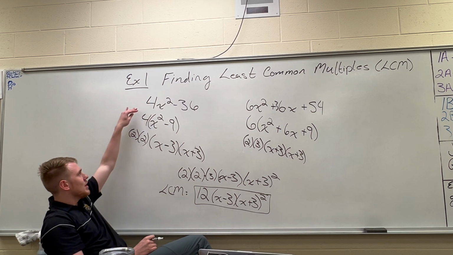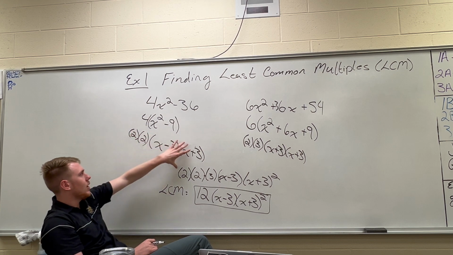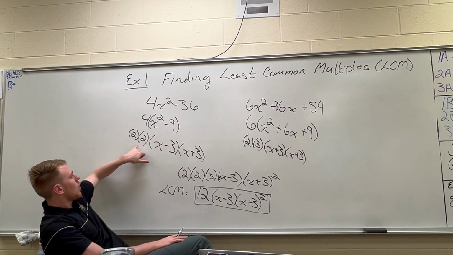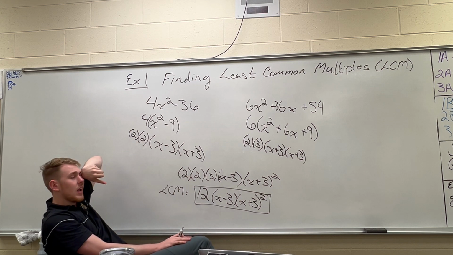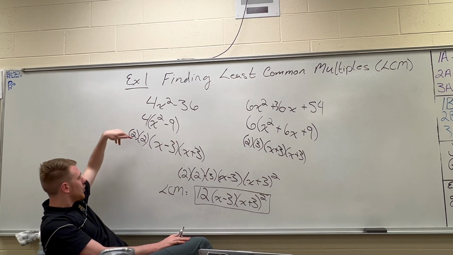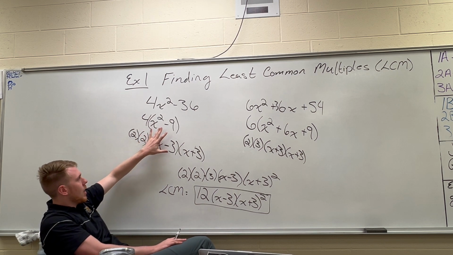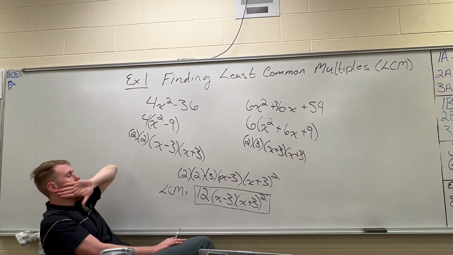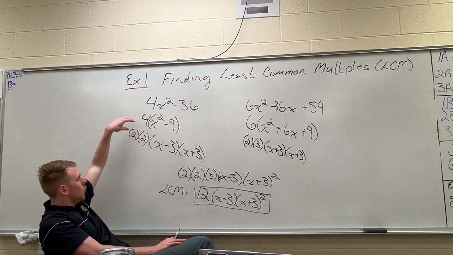Okay, so I factor out my GCF. I then factor out everything I can factor out, and I typically want to do the two numbers that I can get in common the most. Okay, I can get 3 in common the most, so I did 2 and 2 and 2 and 3 for 4 and 6. I factor out my equation or my function, and then I combine whatever I have.